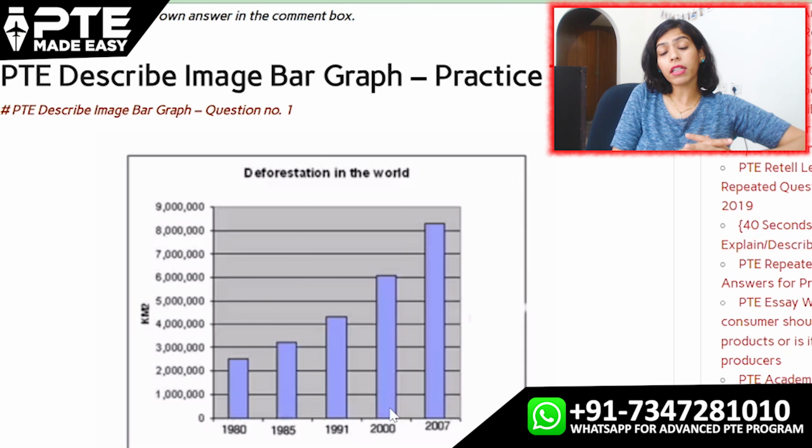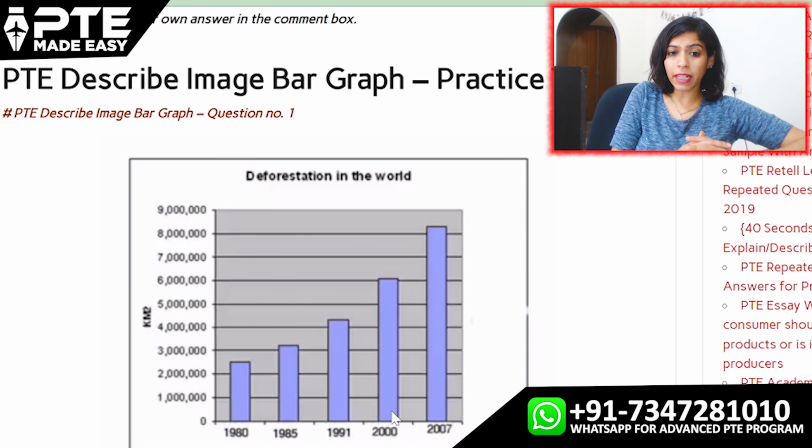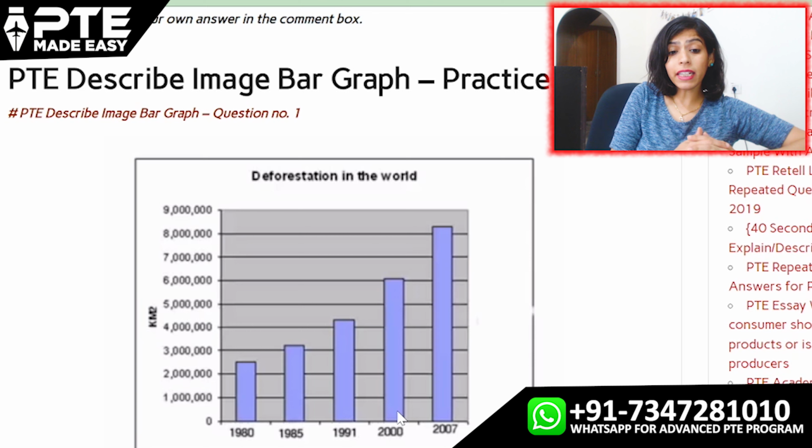Now, how can we answer the same in 40 seconds? The given bar graph represents the rate at which forests were being cleared from 1980 to 2007. In the year 1980, only 2.5 square kilometer of land was cut down, or trees were cut down, forests were cleared, whatever you wish to say.